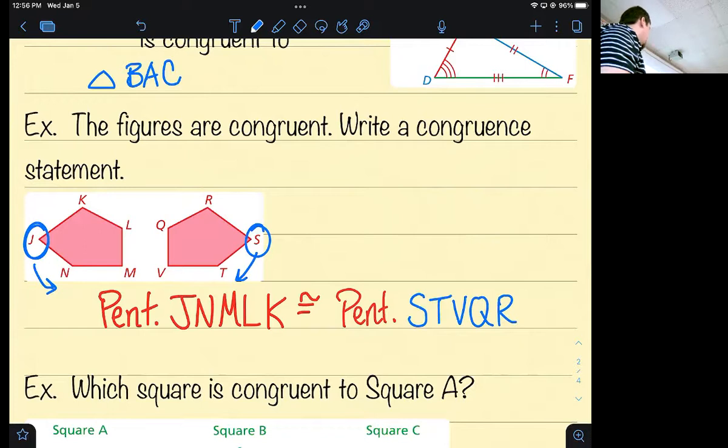And then every letter is in the same exact order. So if I told you angle S, or we'll say J, the one that Lizzie chose, if I said that it was 50 degrees, you know that since J corresponds to S, S also has to be 50 degrees because everything on these shapes is the same.